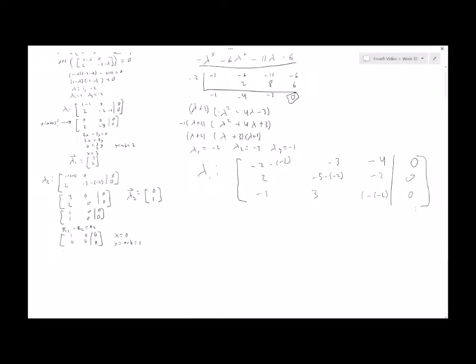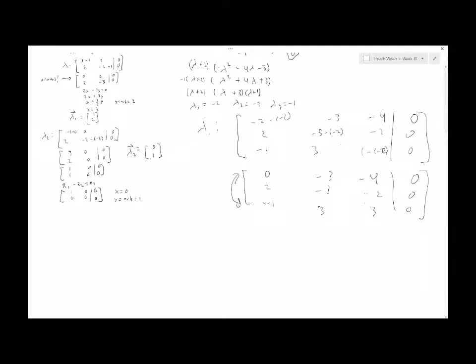And then here we're going to be left with 0, negative 3, negative 4, 0, 2, negative 3, negative 2, 0, negative 1, 3, and then it's going to be a 3, 0. As you see, this one's already a 1, so what we're going to do here is start row reducing, try and get to row echelon form, and then everything will fall into place, I promise.